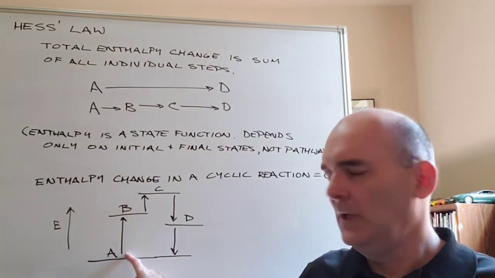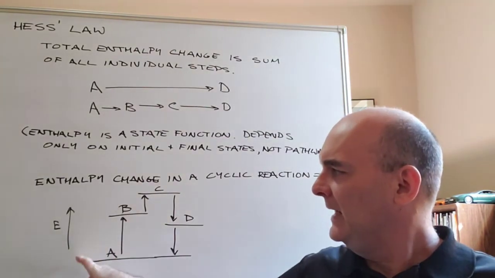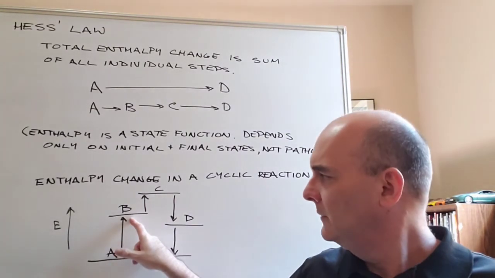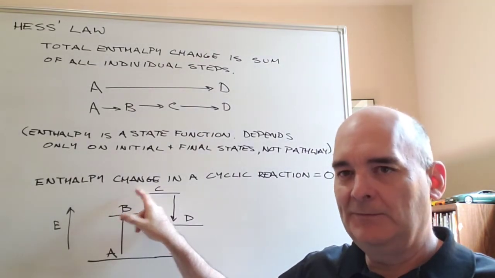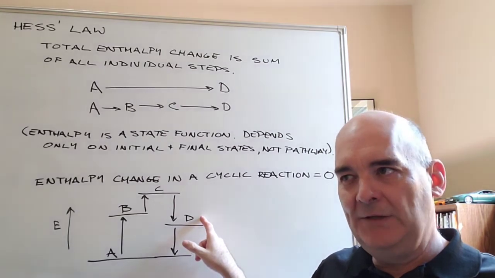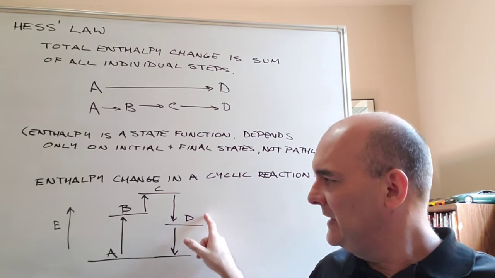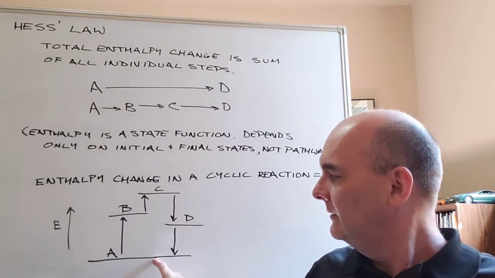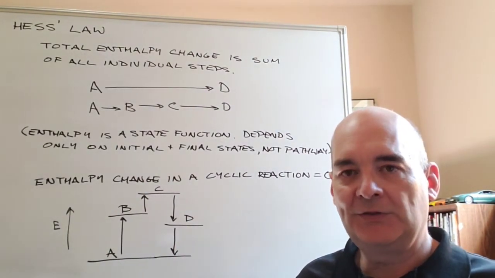That if I start at A and I have to increase energy to go to B, so this is endothermic, and then I have another endothermic process to get to C, and then I have an exothermic process that goes to D, and then I have another exothermic process that goes from D back to A, then my entire process has an enthalpy change of 0.